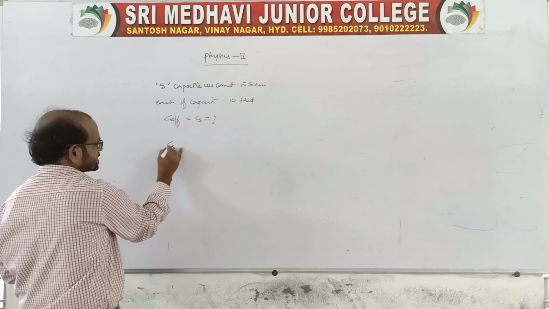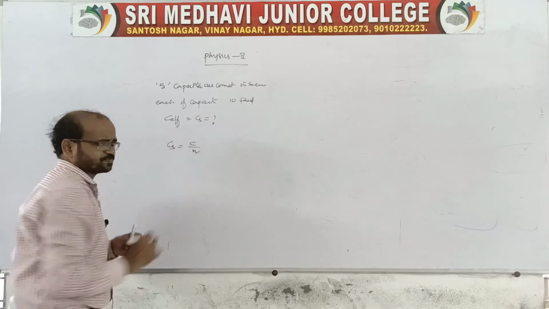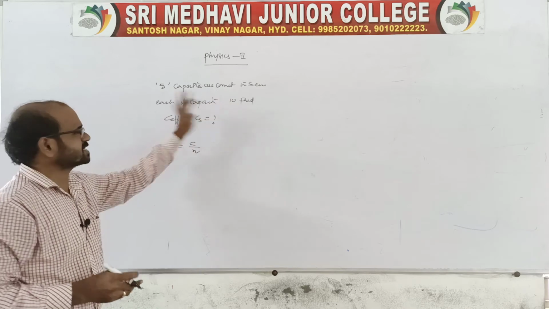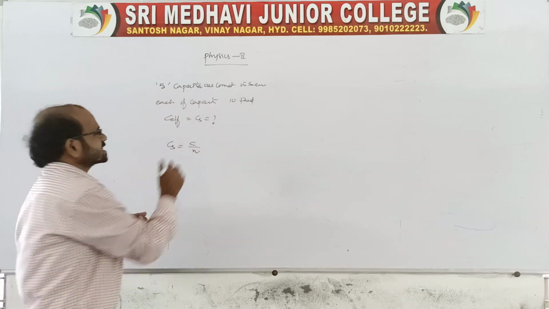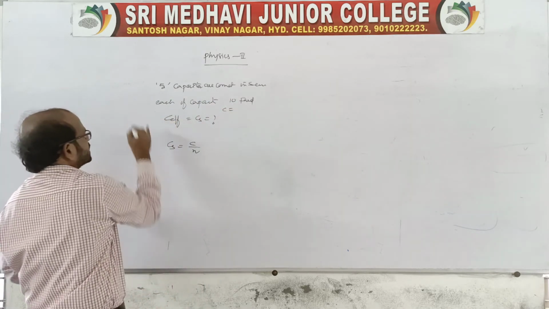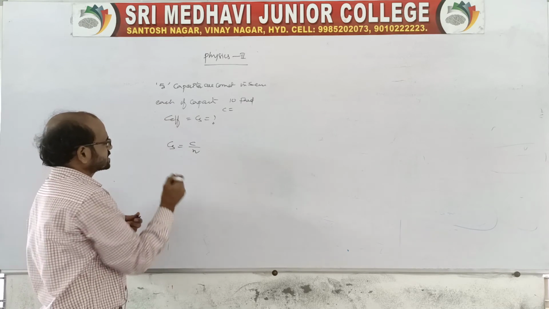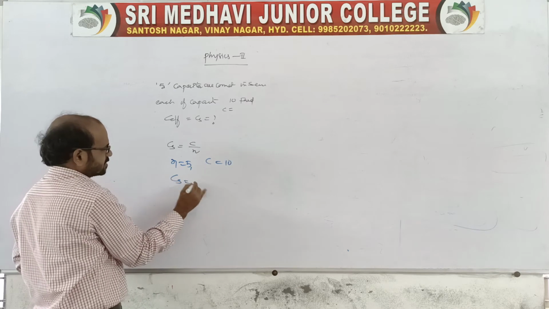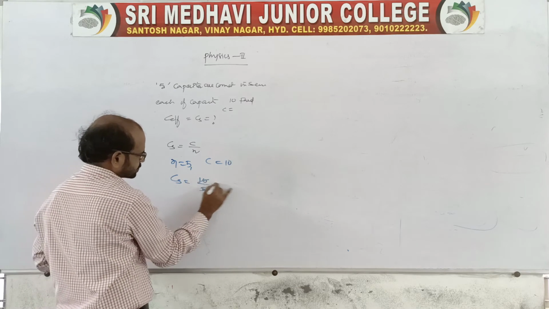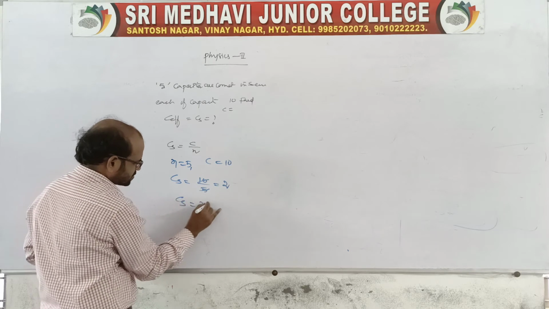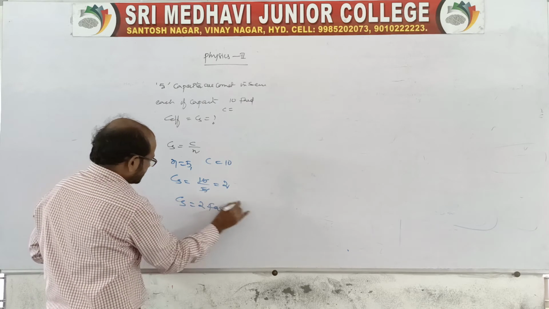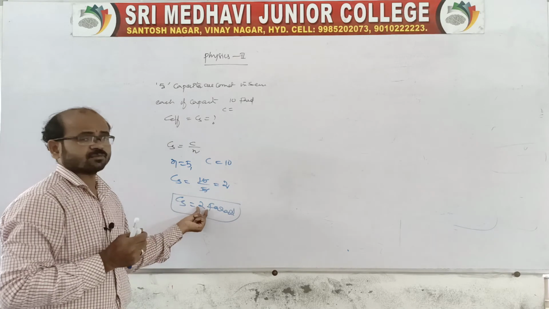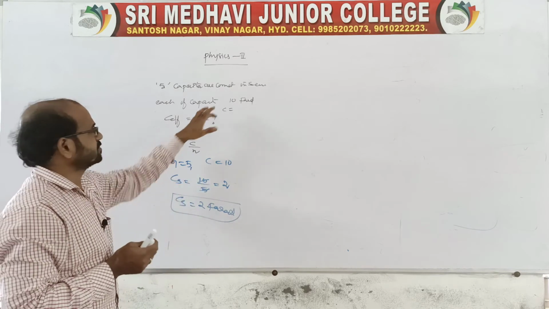Of course, we can say Cs is equal to C by N directly, because each is the same. C is given as 10 and N is given as 5. So Cs, the effective capacitance, will be 10 by 5, so Cs is equal to 2 farad. That's what I mean to say: the effective capacitance decreases.